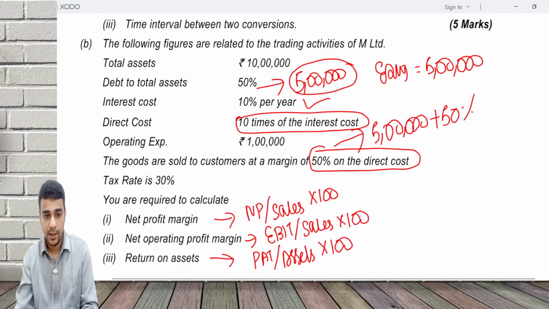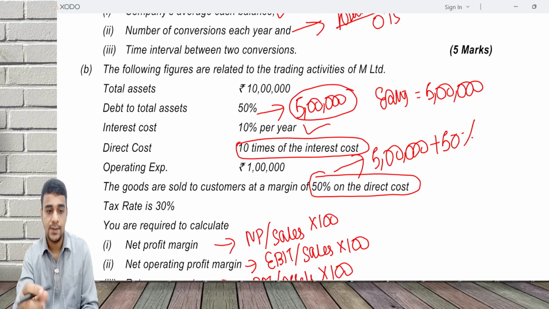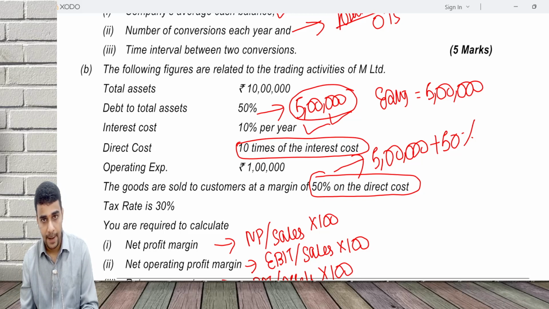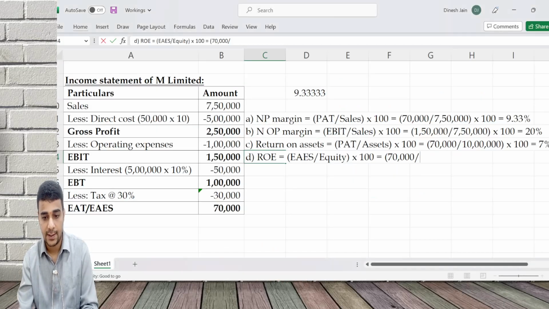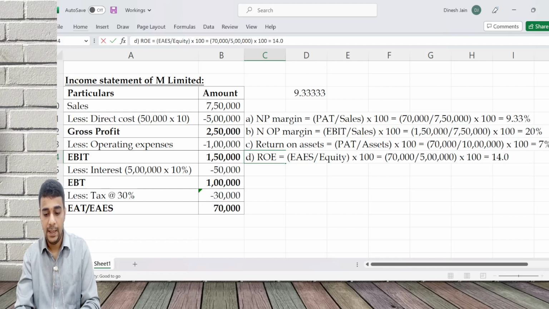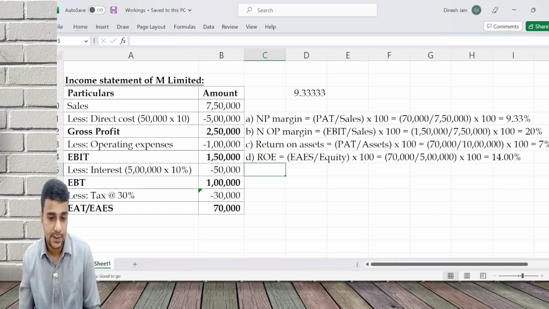When I did this analysis, debt is 5 lakhs, 50%, and the balance is equity, which is another 5 lakhs, into 100. That is 14%.